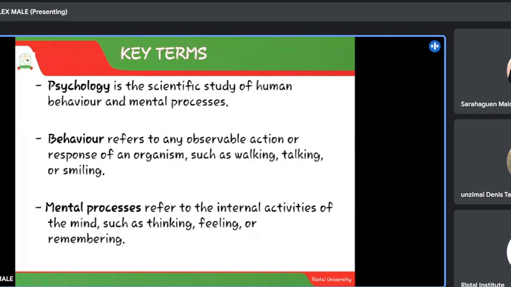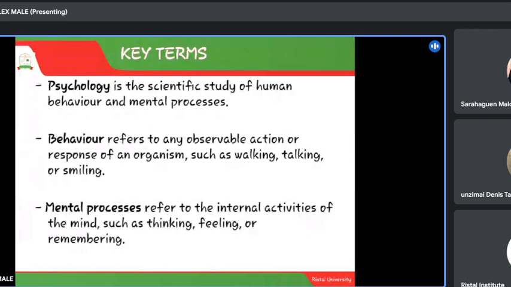Meaning, even if you are a teacher, even if you are a social worker, in psychology we study human behavior and then mental processes. But when it comes to health, to our department, we continue and say to be able to treat our patients, and see how it is applied in health and illness.